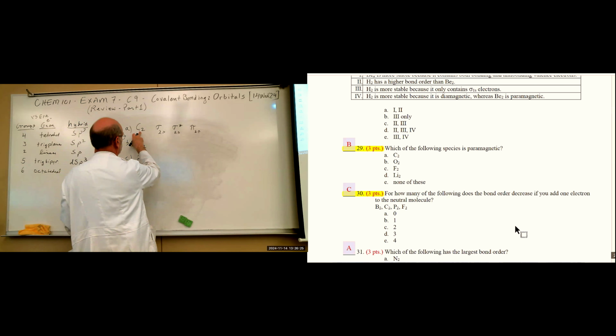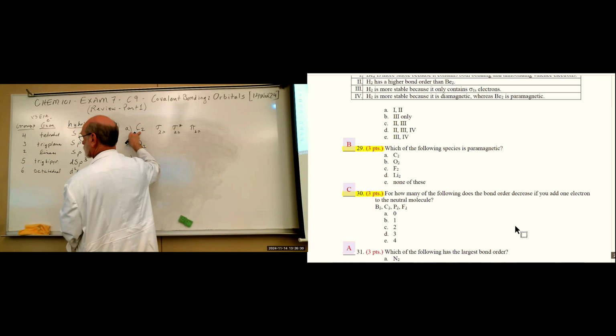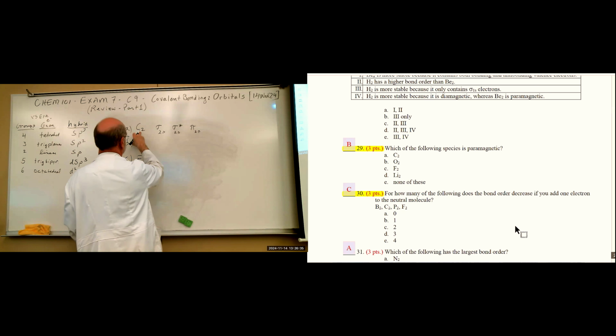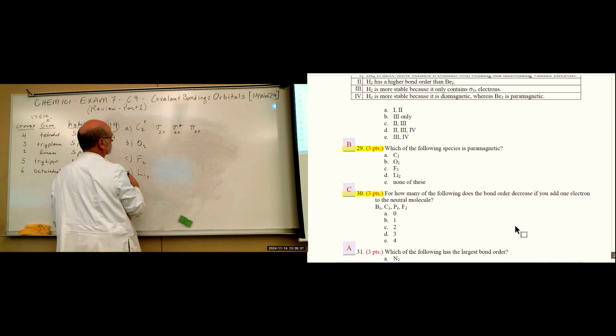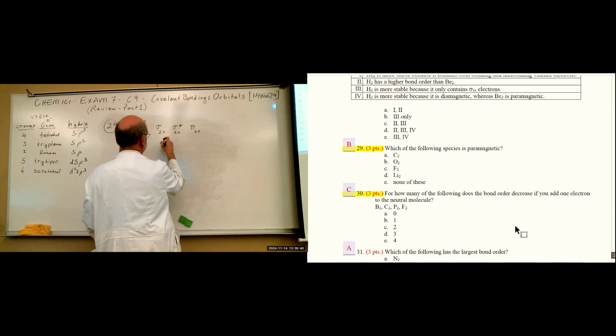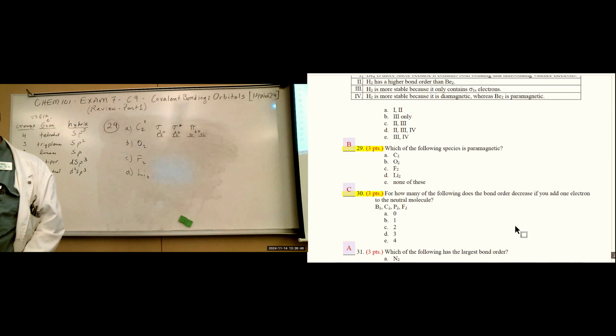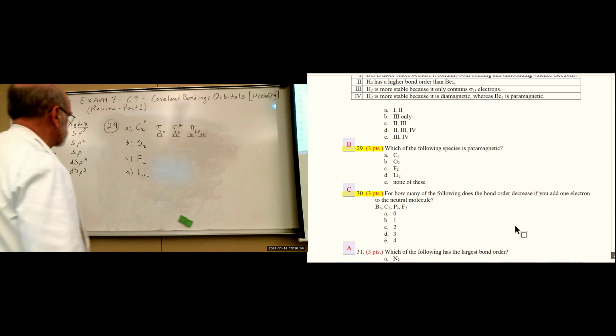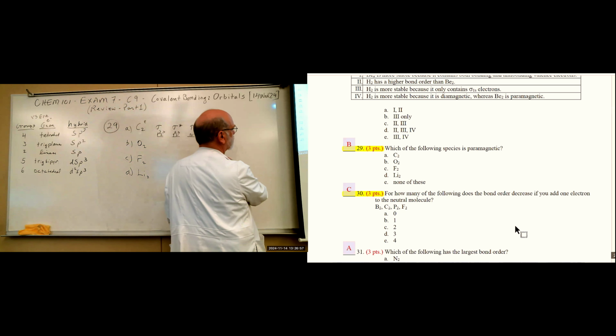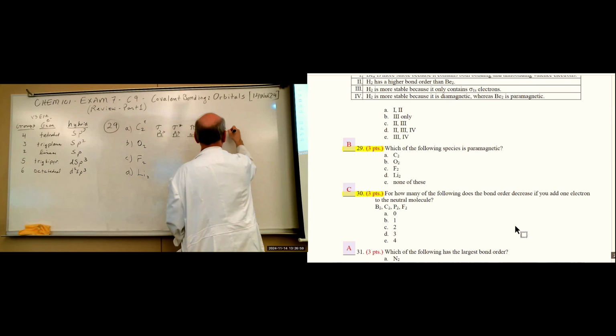So what do we have? Well, we have 2, 4, 8. We have 8 electrons. 2, 4, 5, 6, 7, 8. Okay, and that agrees with the diagram. Yes, this one is diamagnetic. We're looking for paramagnetic, right? This is diamagnetic.